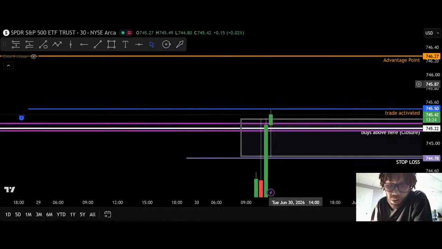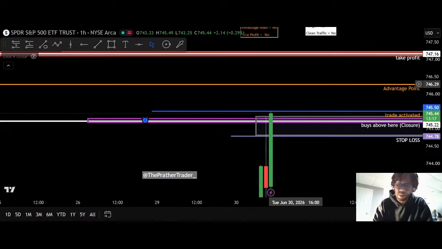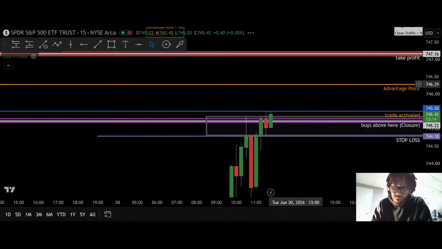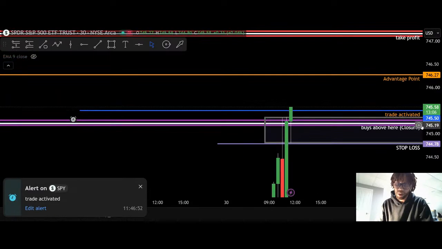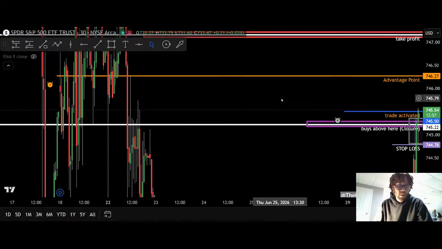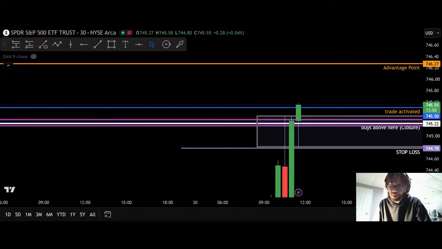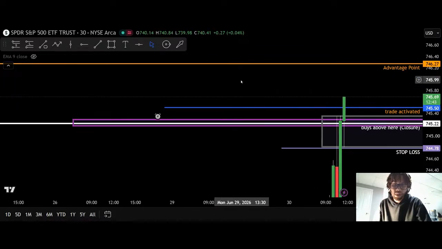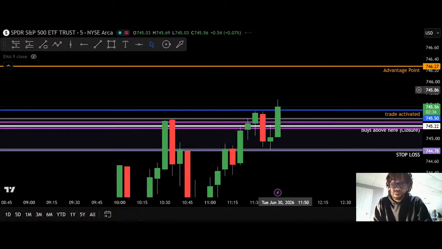The 15-minute open, no bottom wick. See if we can get the market to push up here. Okay, got a nice push here. Let's see.